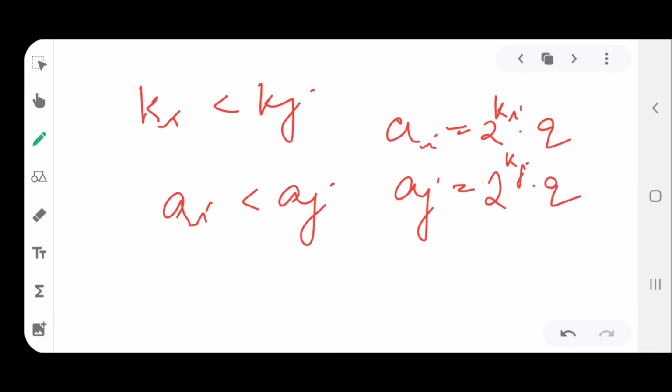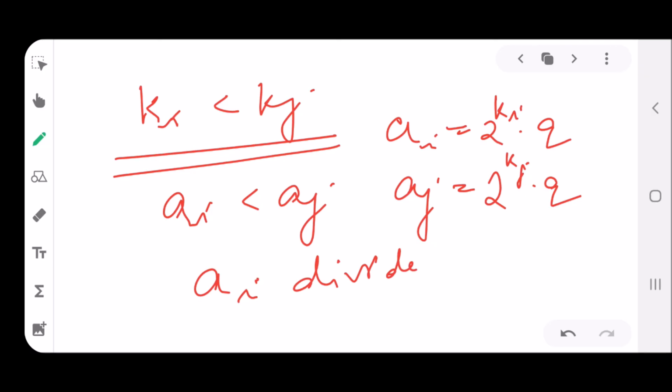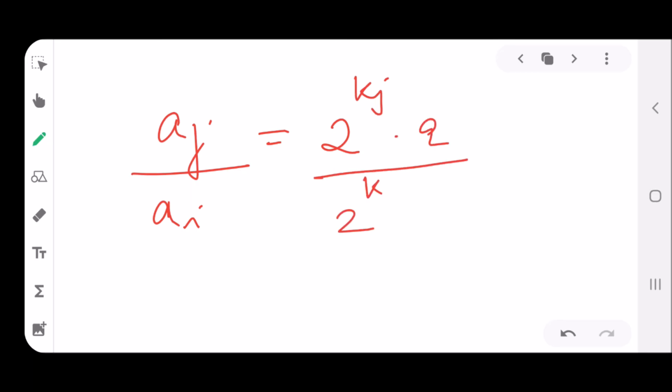Then ai divides aj, because aj divided by ai is 2 raised to kj into q by 2 raised to ki into q. The q gets cancelled, and this is 2 raised to kj minus ki.